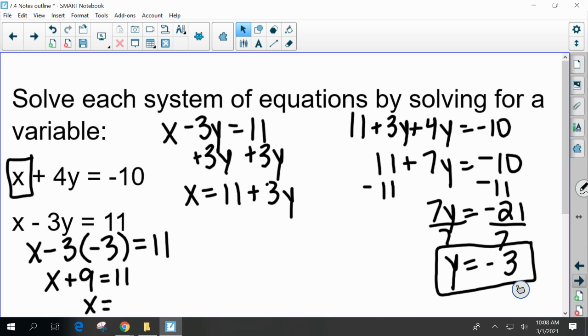So y equals negative 3 and x equals 2. How do you get x? Subtract 9 from both sides and get x equals 2.